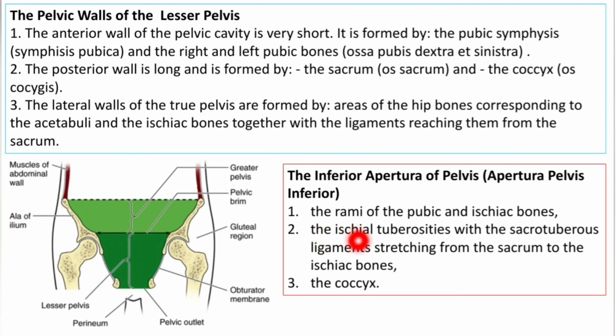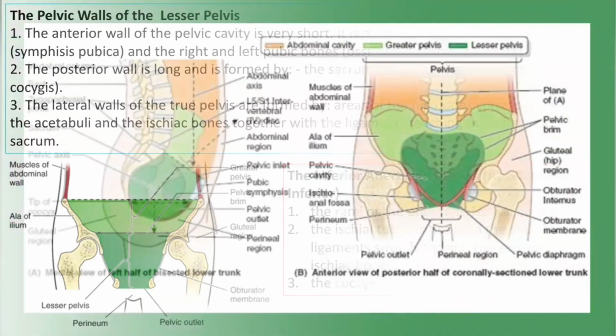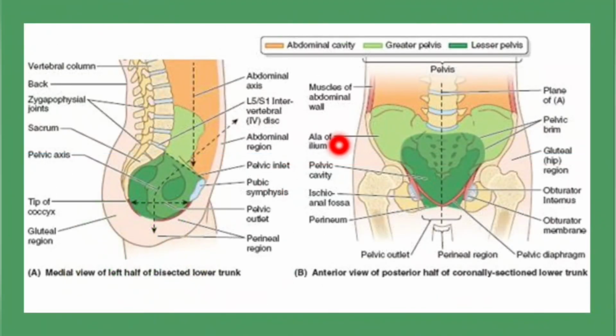Next, the ischial tuberosities with the sacrotuberous ligaments stretching from the sacrum to the ischial bones, and the coccyx. This image is showing you these important cavities. Here is the abdominal cavity, and in light green is the lesser pelvis. You can see a portion of the lesser pelvis and the greater pelvis here.